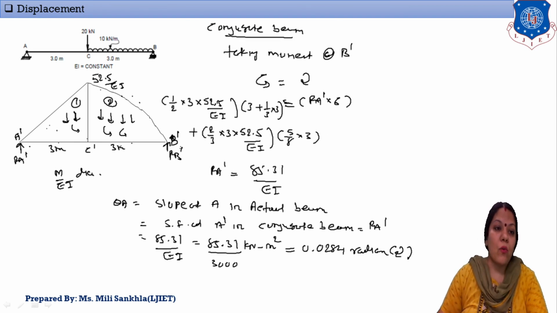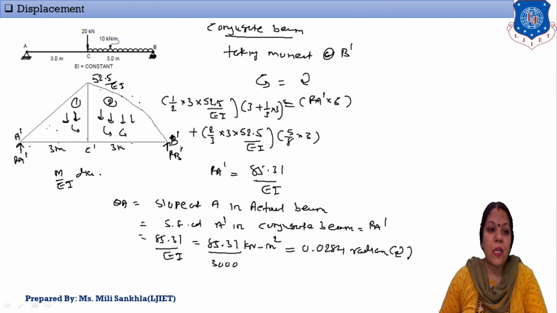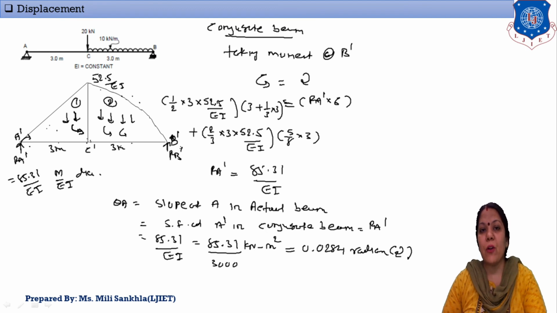Now here we find out support reaction RA, and the value we get is 85.31 by EI. Now we find out deflection at C point, and we find deflection at C from the left hand side. At the left hand side, this support reaction rotates clockwise and this force rotates anti-clockwise. Clockwise moment is positive and anti-clockwise moment is negative.